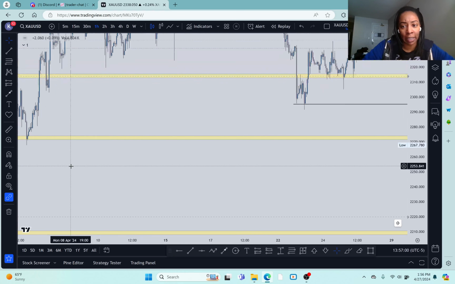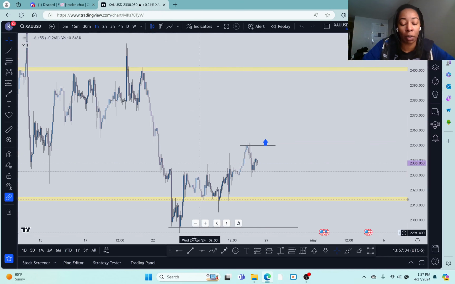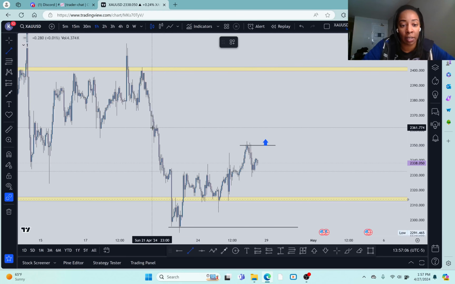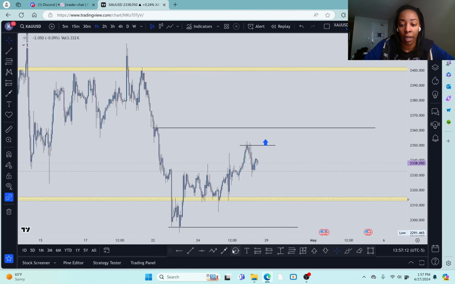I probably won't put any other minor levels on here just because I don't want to put a whole bunch of levels. But what I will do is mark off this minor resistance level right here on the H1 time frame, because like I said before, if price was to break above this level, then it has a higher potential of going all the way to the top.